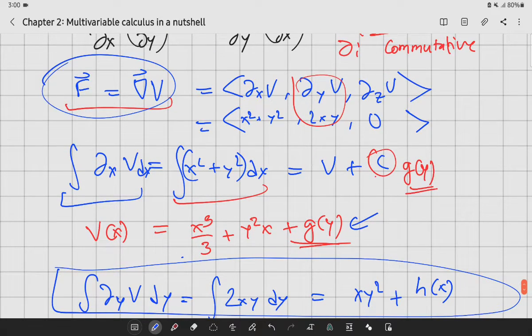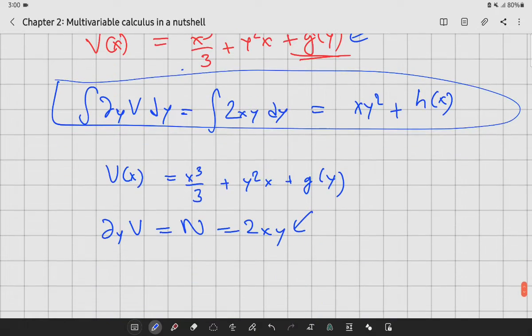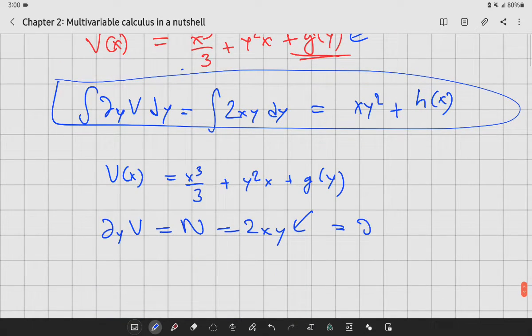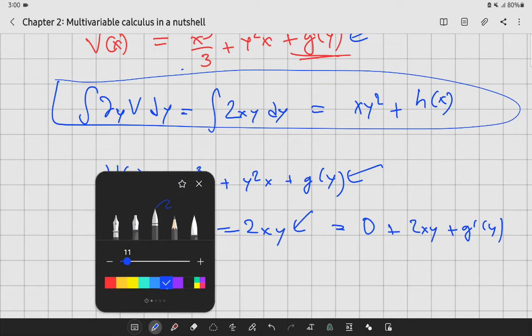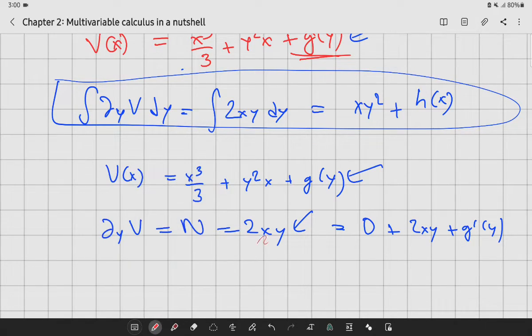Now, if I do partial y of v on this v, x cubed will disappear because partial y of x cubed is 0. I'll have 2xy plus g prime of y. So you see that I can cancel 2xy on both sides. This gives me g prime of y equals 0.